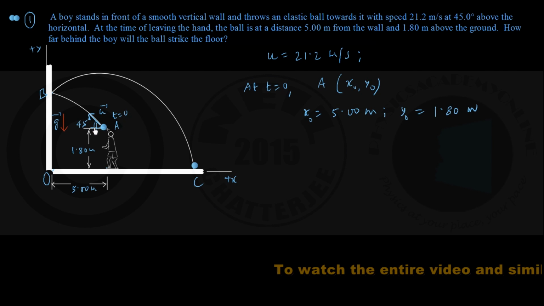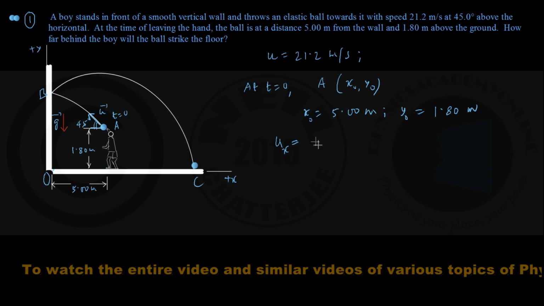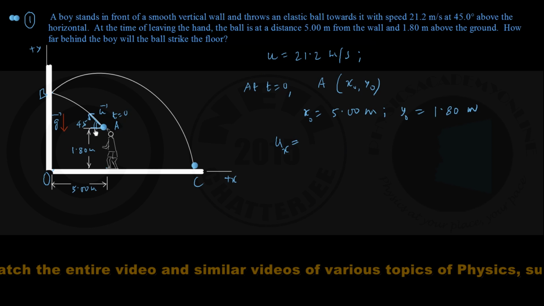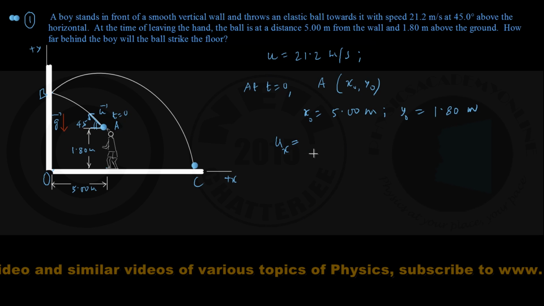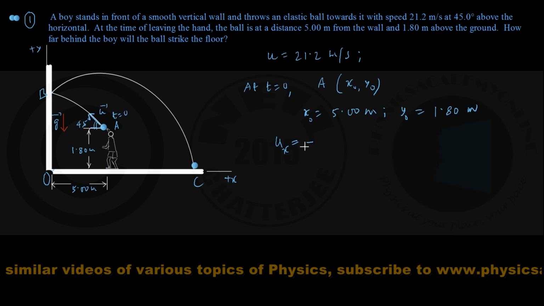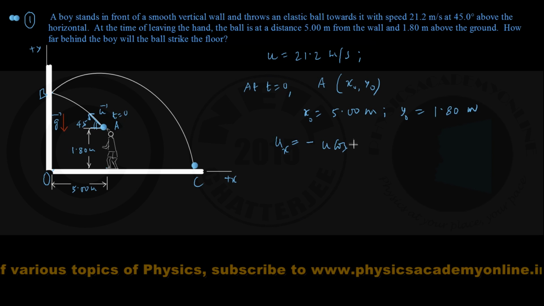I don't want to show this resolution, you can show it yourself, and we can write down the x component of initial velocity vector ux, that is pointing leftwards horizontally, that is in minus x direction. Therefore, by my sign convention, this is minus u cos theta.